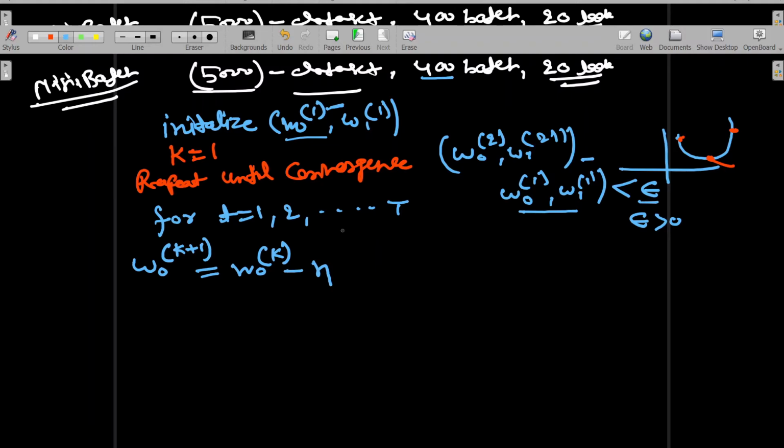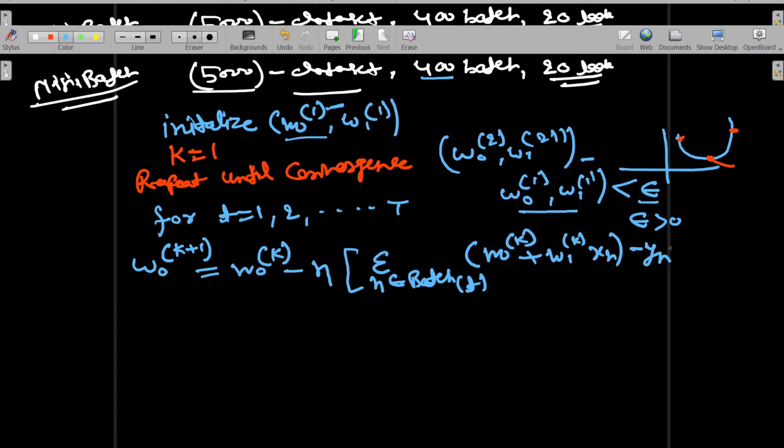If you differentiate the error function, which I have already explained on my previous page, with respect to w0, finally you will get this: summation over n belonging to batch t, where t will be 1, of w0 k plus w1 k xn minus yn.